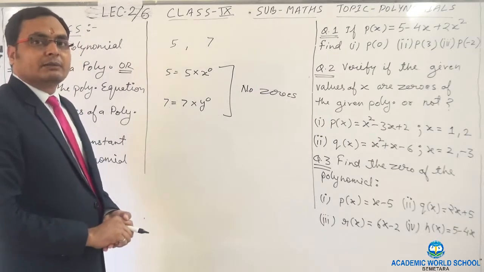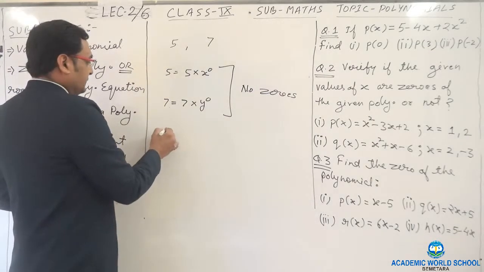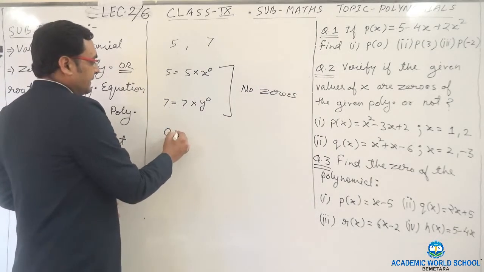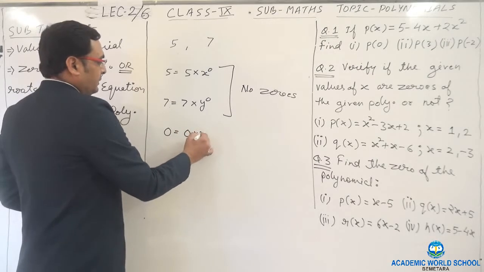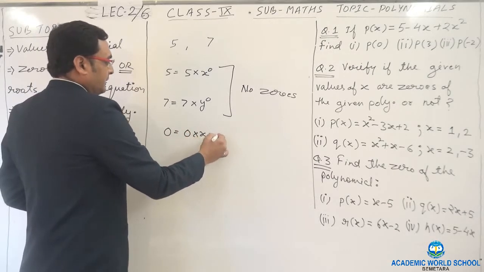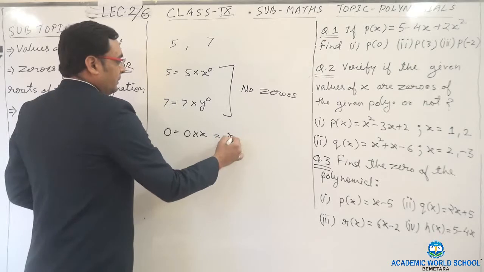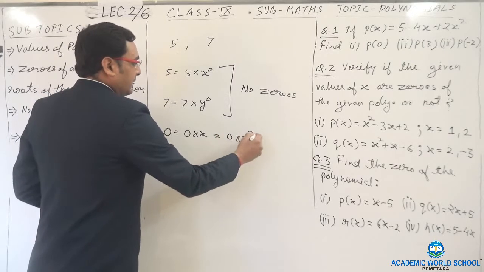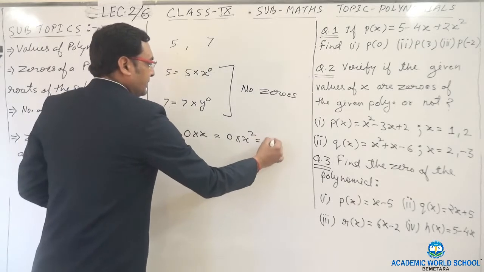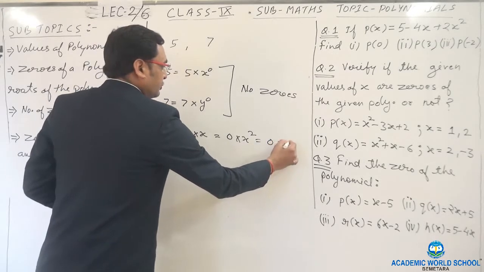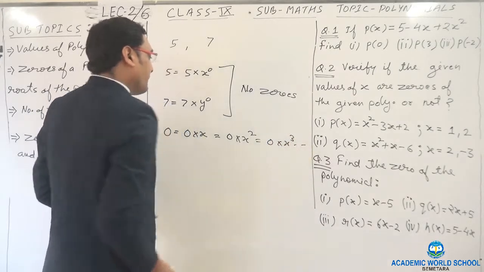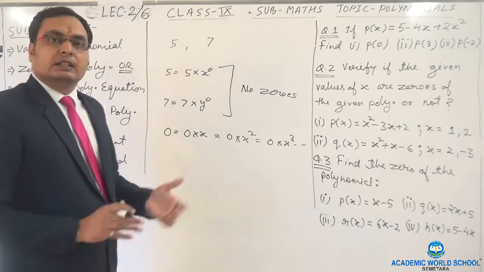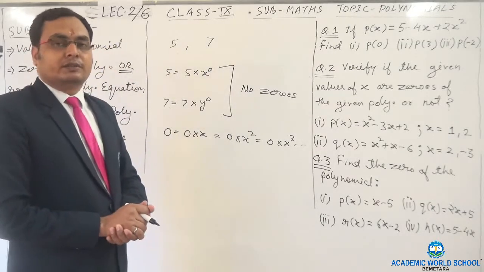Further, if I talk about the zero polynomial, 0 can be written as 0 into x to the power 1, or as 0 into x square, or as 0 into x to the power 3, and so on. The degree of a zero polynomial is not defined.